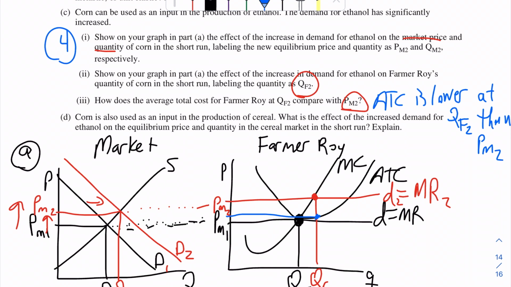And if corn is an input for cereal, what happened to the input prices for cereal? The input price of cereal goes up. If the input price is higher, supply goes down. Okay?